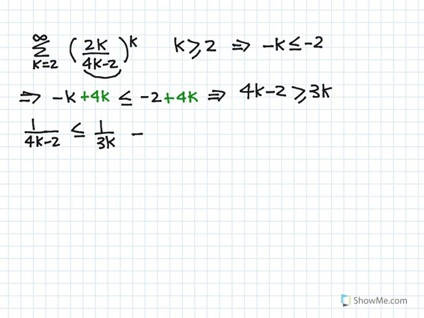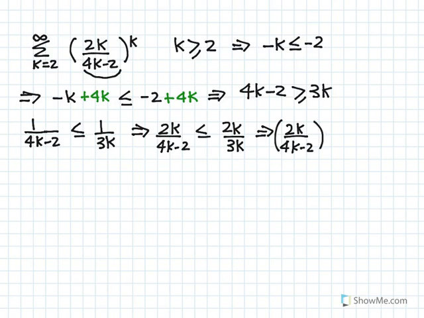Now multiply by 2k as well, so we get 2k divided by 4k minus 2 is less than or equal to 2k divided by 3k. Now raise both sides of this inequality to the power of k. So we have (2k divided by 4k minus 2) to the power of k is less than or equal to, and these k's cancel out, (2/3) to the power of k.